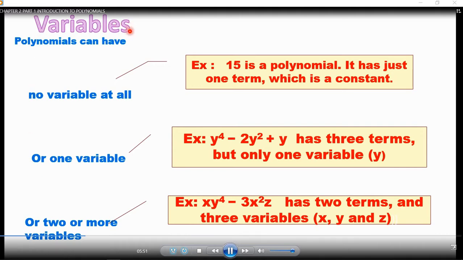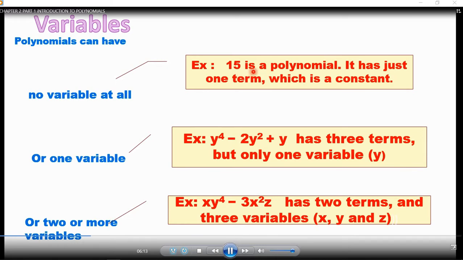What are variables? Polynomials can have no variables at all. Like if this is the number 15, if you ask a first standard child, then he or she will tell you that 15 is a number which comes after 14.